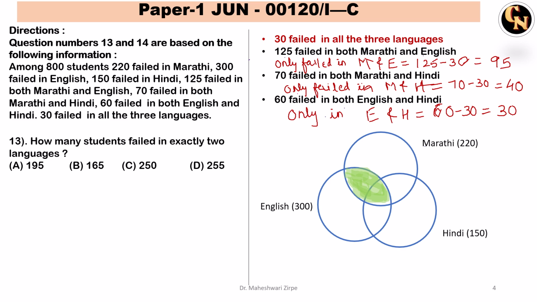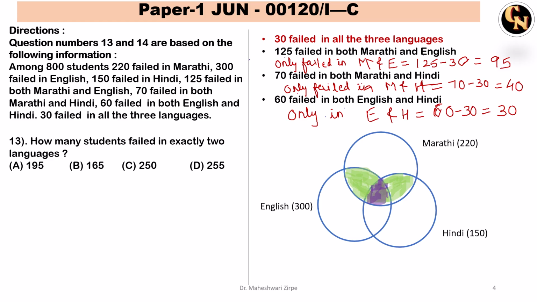Then for these two circles, this part which I am highlighting now indicates failed in Marathi and Hindi. Now see this purple part, which is intersecting all three circles.